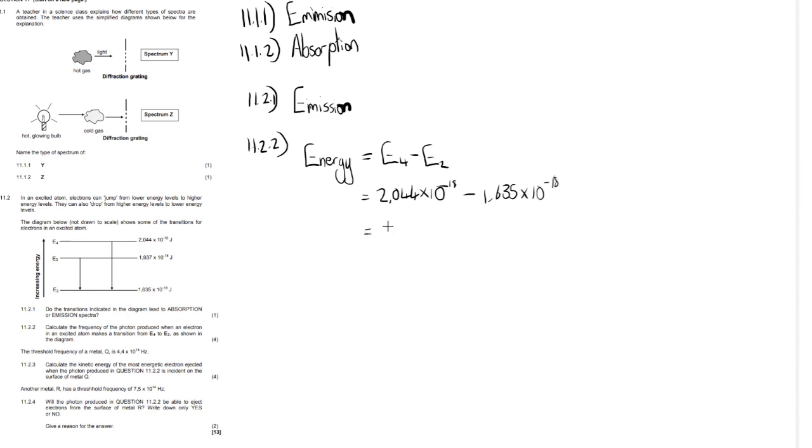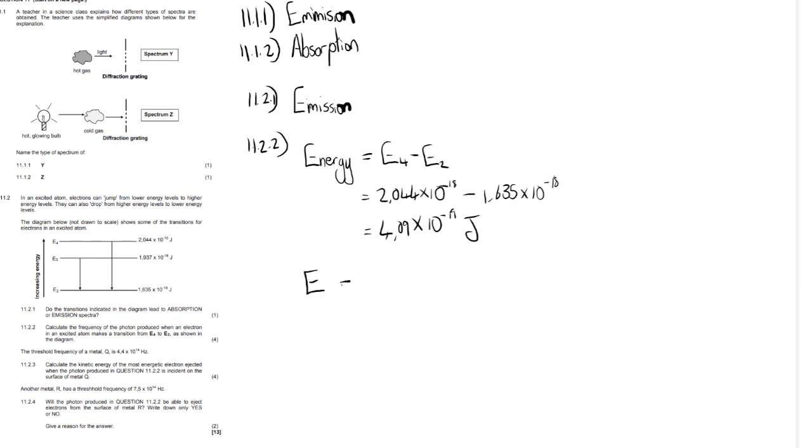And that should give us, here we have calculated, 4,09 rounded times 10 to the power of negative 19 joules. Now that is the energy that is lost by this electron going from the high energy level to the low energy level. That is the energy that is emitted, and it is emitted in the form of light.